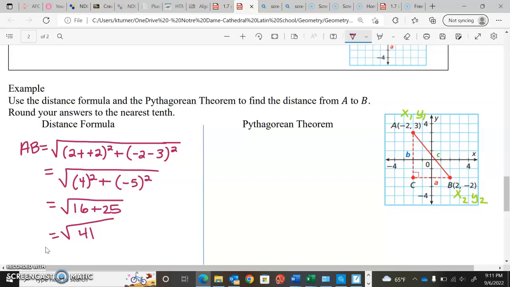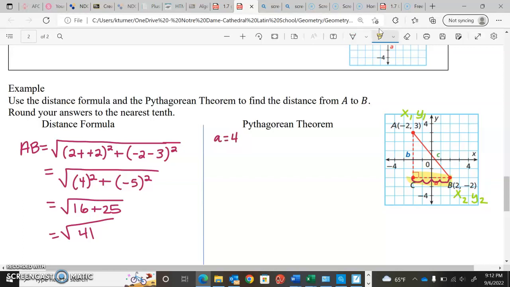All right, now let's see if we can get that using the Pythagorean theorem. So now we don't need to worry about these ordered pairs anymore, but instead we want to look at side lengths. So if I look at this bottom side from C to B, so that length of A, and figure out, well, what's the distance? Well, all I have to do is really count, right? So 1, 2, 3, 4 units. So A is 4.